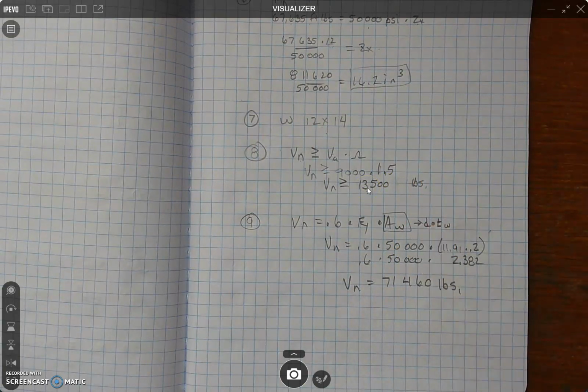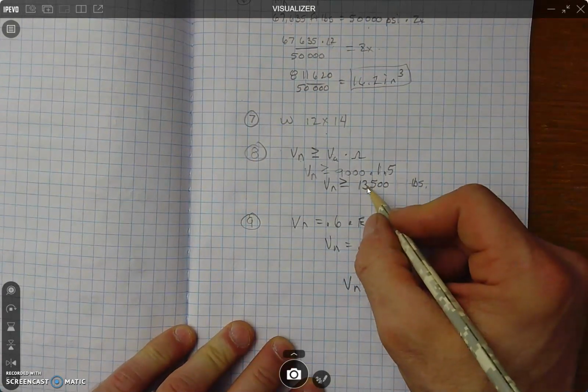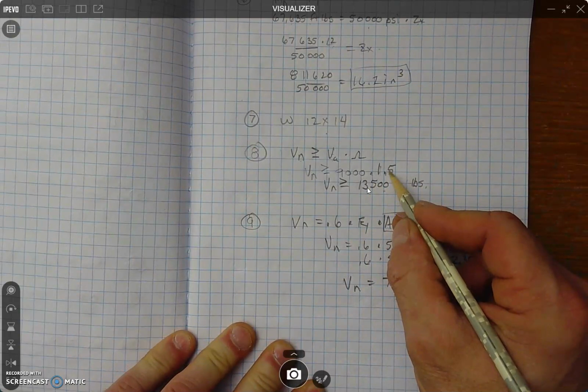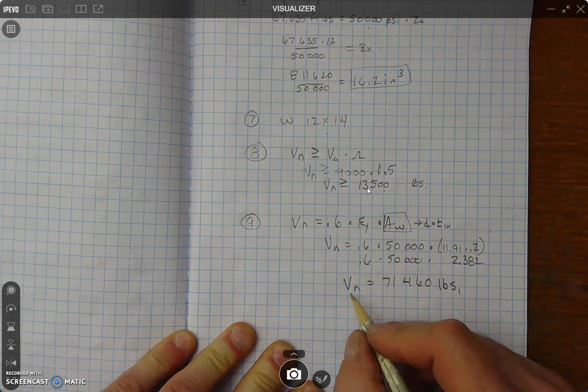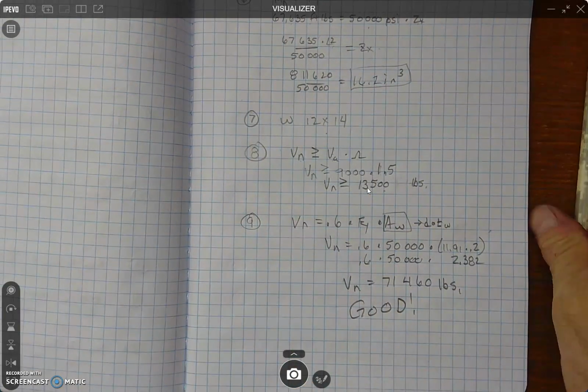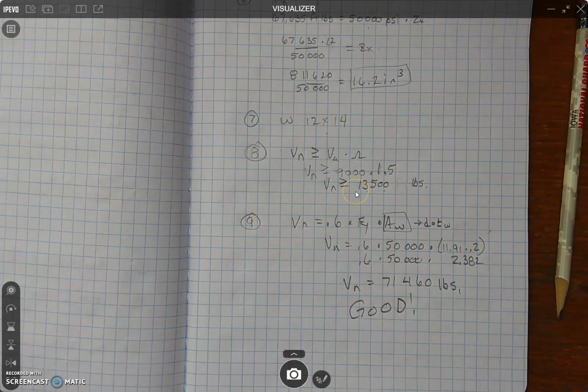So this beam, because we hold so much more than we need to by design, this is jacked up because we have our safety factor in there. We only have to hold 9,000 by design. This beam is going to be definitely good in terms of shear. So you just write good next to it. This is all we did here, is check to make sure that this beam will hold our required shear plus the safety factor. All right, so we'll do the last two things on the next video.